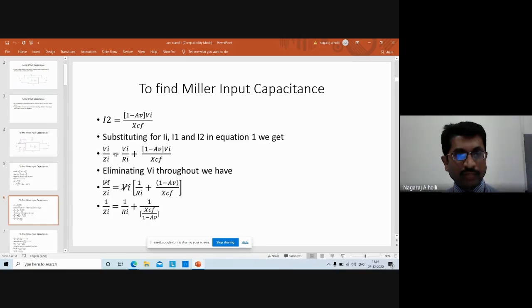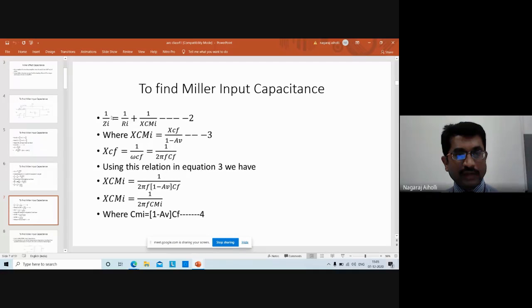Vi is common on both sides, so Vi cancels out. Therefore 1 upon Zi is equal to 1 upon Ri plus 1 minus AV by XCF. The denominator goes to the numerator, that is, 1 upon Zi is equal to 1 upon Ri plus 1 divided by XCF divided by 1 minus AV.